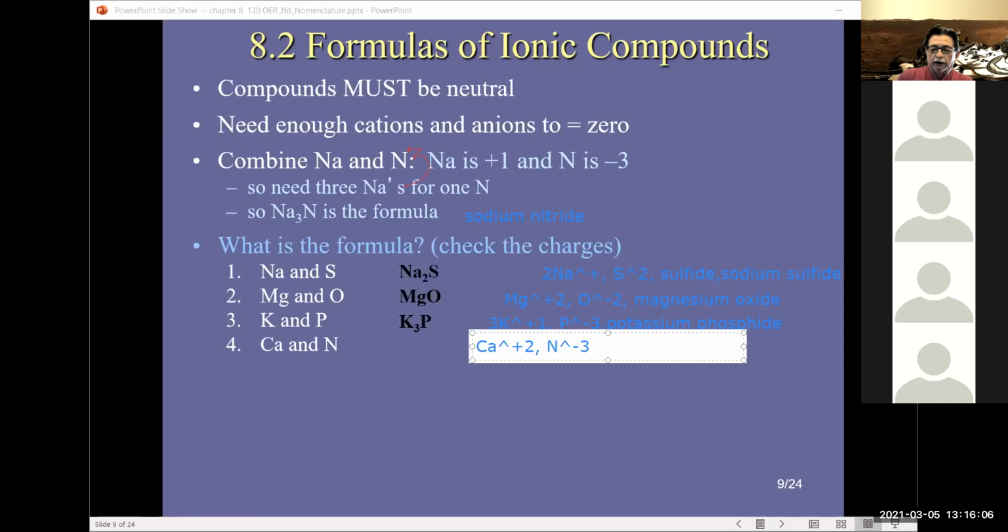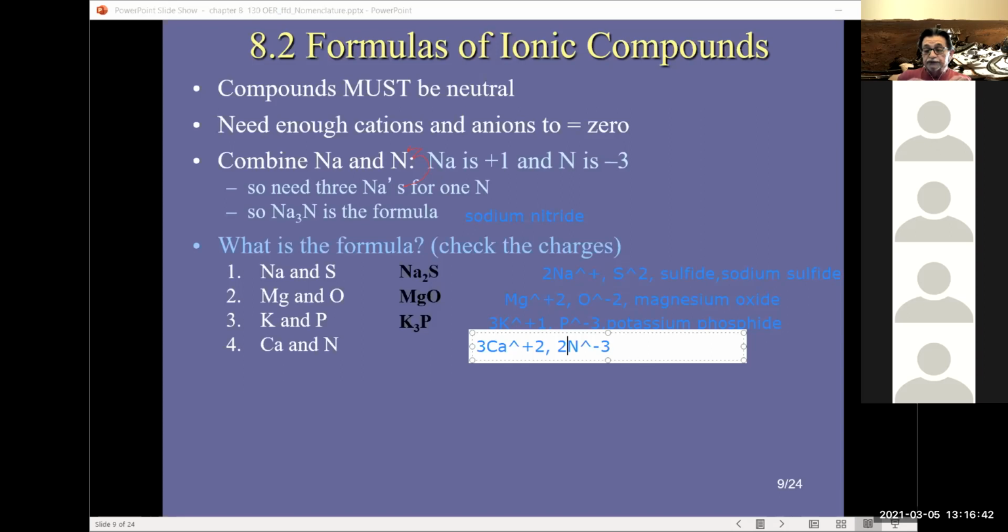Okay. All right. So, Catalina, you said 2 calcium and 2 nitrides. That would be good. Why? Because if we put a 3 in front, if we need 3 calcium ions, that gives us a total of a +6, right? Charge. And if we take 2 nitrides, that gives us a total of -6. Okay, so our common number here would be 6.